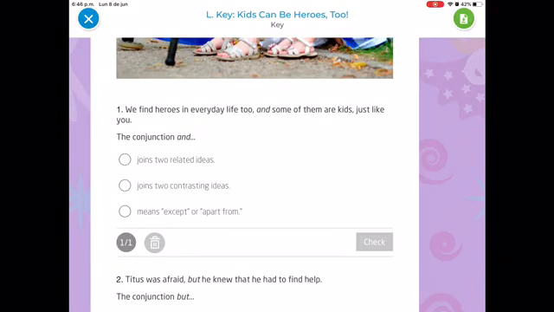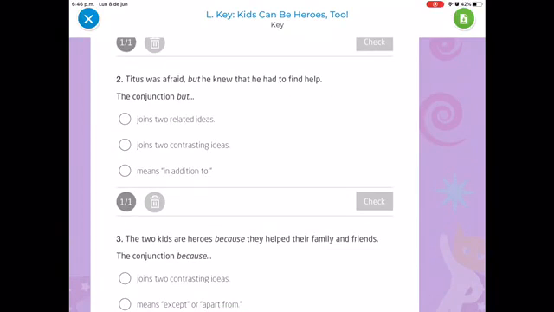The conjunction and, what is the purpose of the conjunction? Joins two related ideas, joins two contrasting ideas, or means except or apart from. All right, this one here is what? You guys are going to decide which one it is. Very good. Then we have to check.